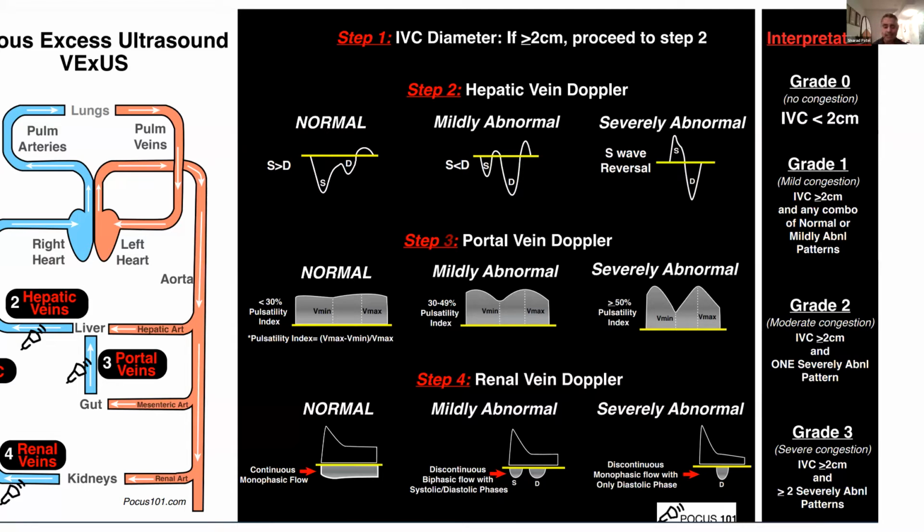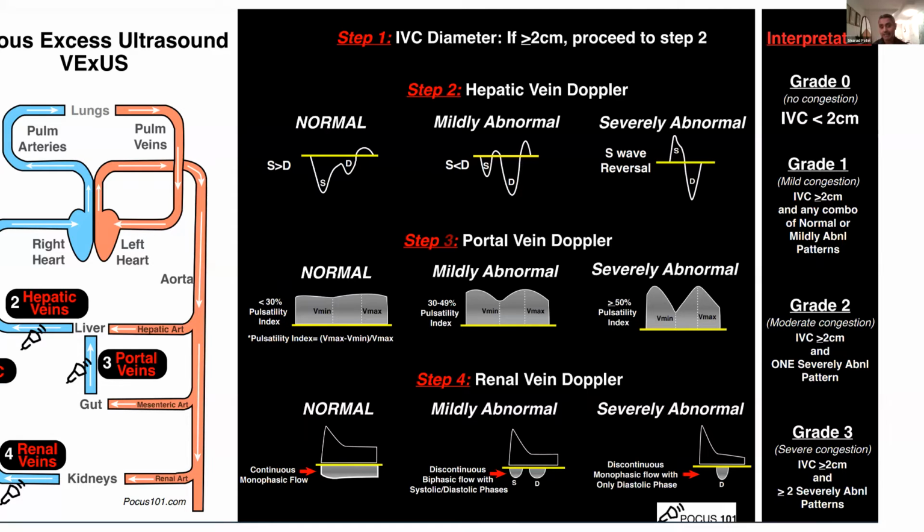But all things being equal, and if you're considering that these other factors are normal, one of the big drivers of what the IVC looks like and what the CVP looks like is your intraluminal volume as well. So intraluminal volume or venous congestion is one factor to consider.